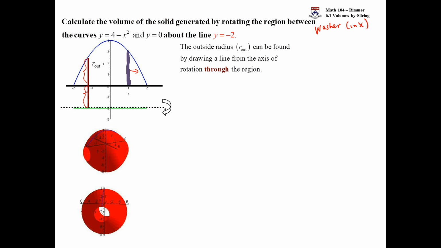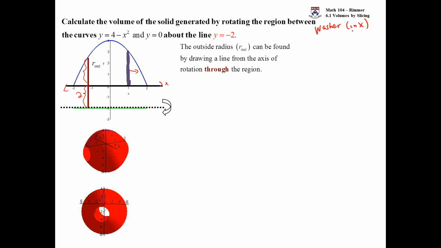There's a distance that goes up to the x-axis. This here is the x-axis. And then there's a distance that goes up from the x-axis to the curve. The distance up to the x-axis is just the constant 2. The distance up from the x-axis to the curve is always the value y.